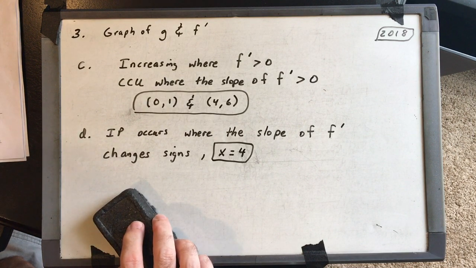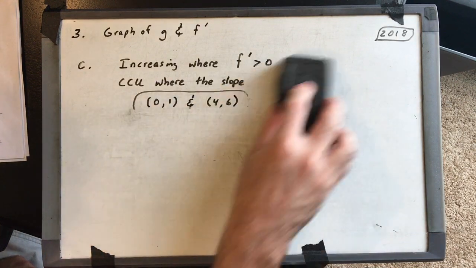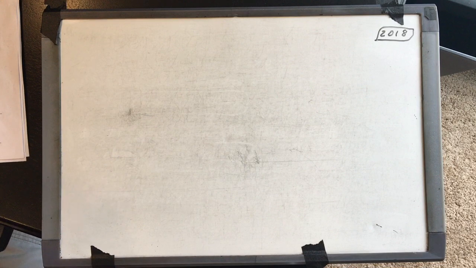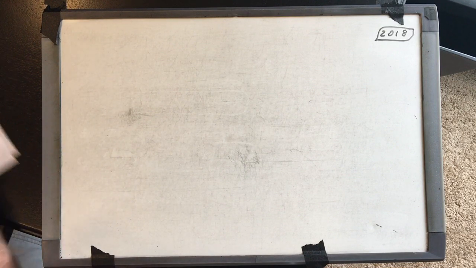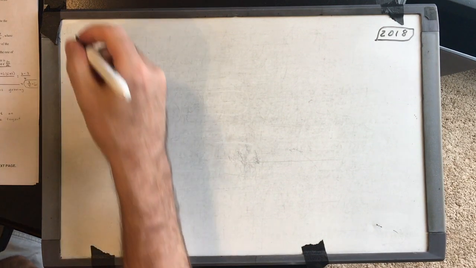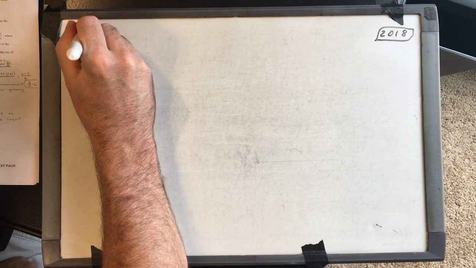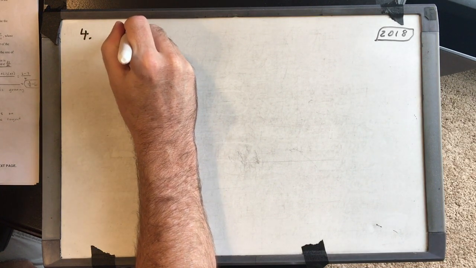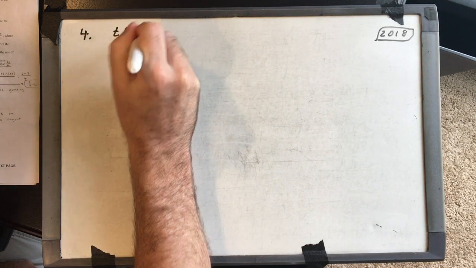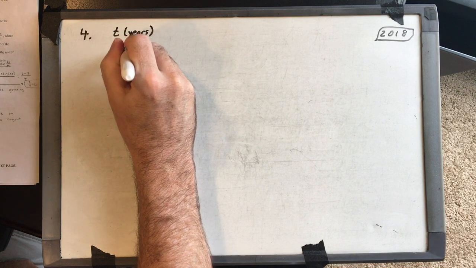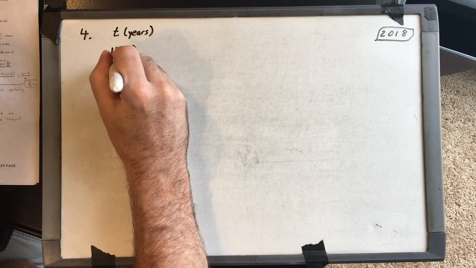Let's take a look at number 4. All right, number 4 refers to a table. I'm going to go ahead and write the table out. You may want to fast forward through this part. T is in years. And this is the growth of a tree, so the height of a tree, and that is in meters.